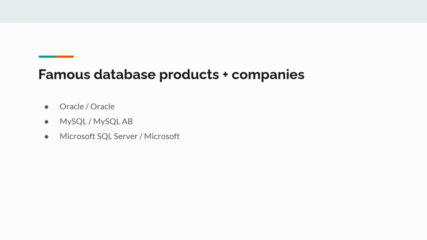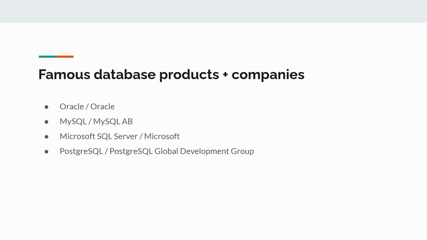The next product I want to show you is Microsoft SQL Server. This is a database also working with SQL, and it's developed by Microsoft. Then we have PostgreSQL. It's an open source database. MySQL is also open source, but it's developed by MySQL AB. Still, if you want to help develop MySQL, you can do this by going to the MySQL website, or to the GitHub repository.